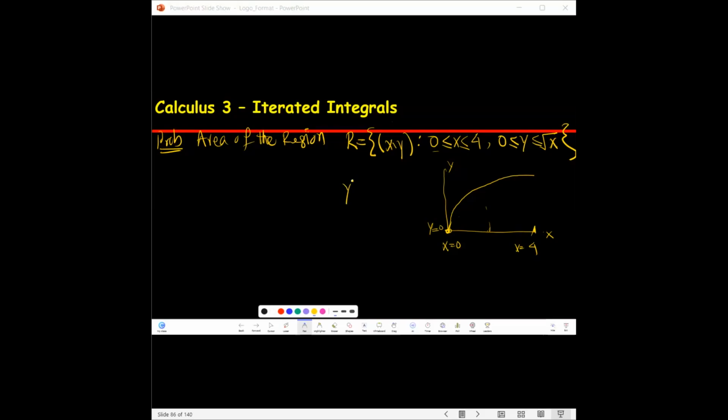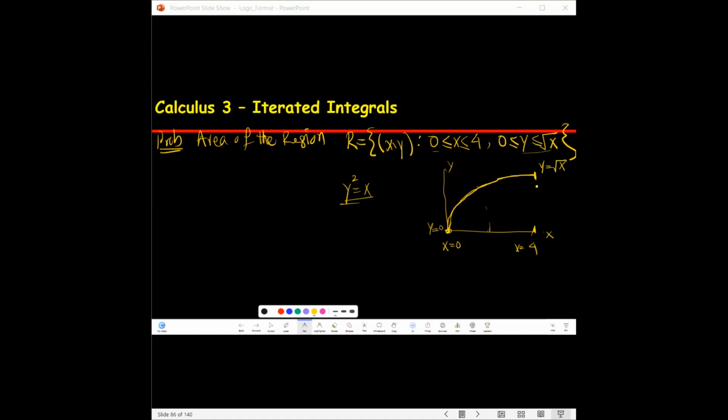This equation is given in parabolic form, so it's y squared equals x. This is the equation of this curve, which I'm just doubling up right now.